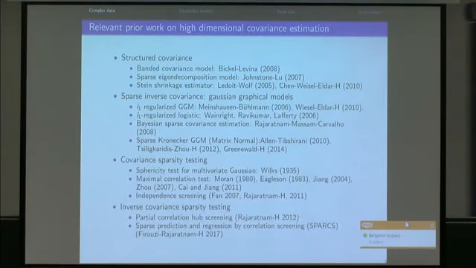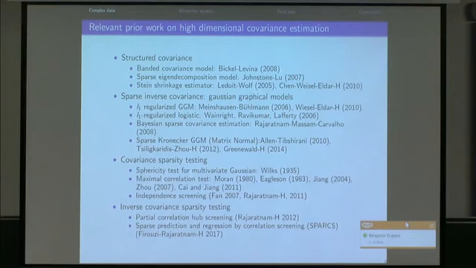So there's lots of prior work in this area, and I'm not going to talk about the prior work in any detail other than to say there's a lot of work on structured covariance estimation with banded models or sparse eigendecomposition models, Stein shrinkage models. Some of that work appeared more than 12 years ago.